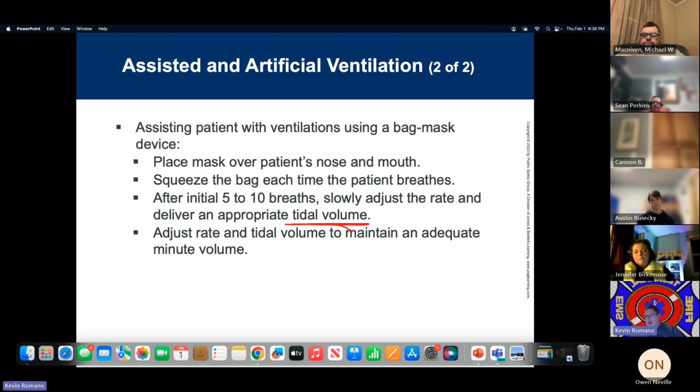How do you know they're getting enough tidal volume? Enough chest rise and fall? Yeah, chest rise. That's it. Awesome. We can also do end tidal monitoring too.